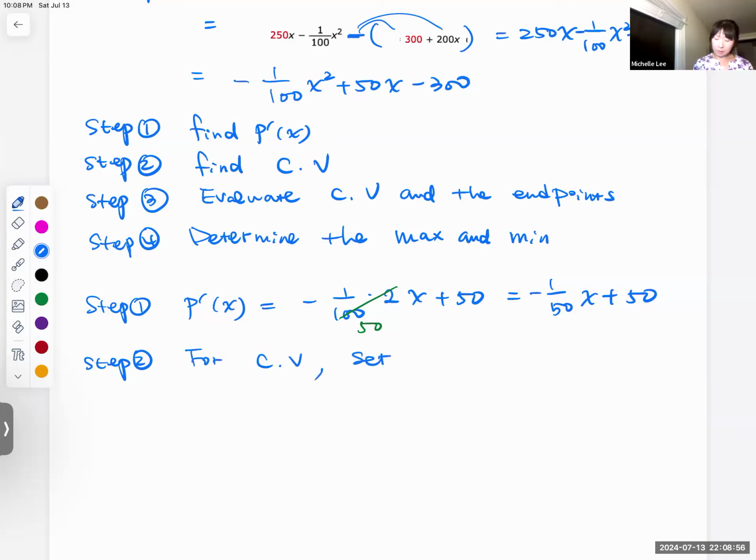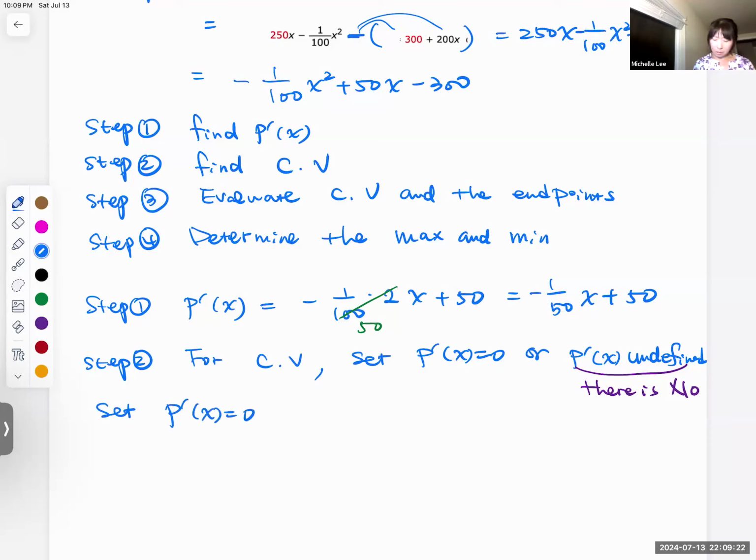Set P prime of X equal to 0 or P prime is undefined. But in that case, there is no undefined point, because there is no fraction. So we set P prime of x equal to 0.